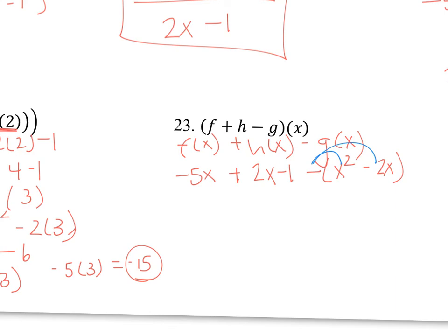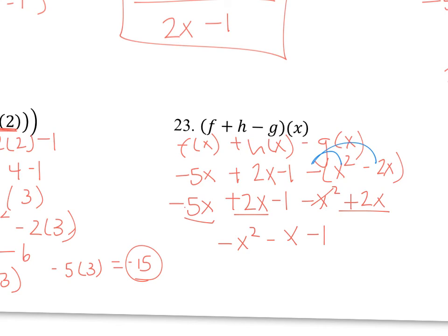So it's going to be negative 5x plus 2x minus 1 minus x squared plus 2x. So, if I combine like terms, I have negative x squared, negative 5 and 2 make negative 3, negative 3 and 2 make negative 1x, which is just negative x, and then minus 1.